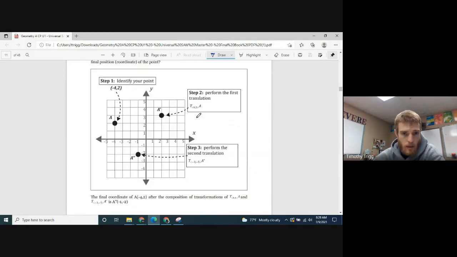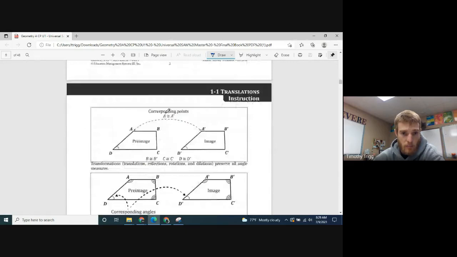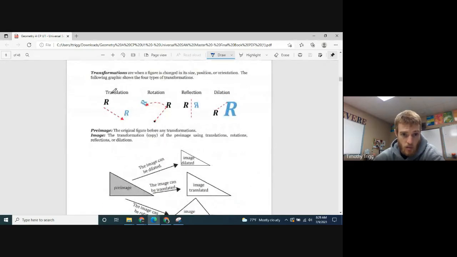Now, when the image and pre-image are the same size, so the translation, rotation, reflection, the image and pre-image are what we call congruent, and you're going to hear that word a lot in this course. Congruent means same exact size, same exact shape. So in a translation, the pre-image and image are congruent.